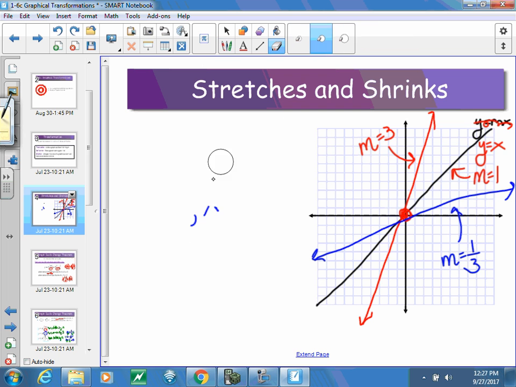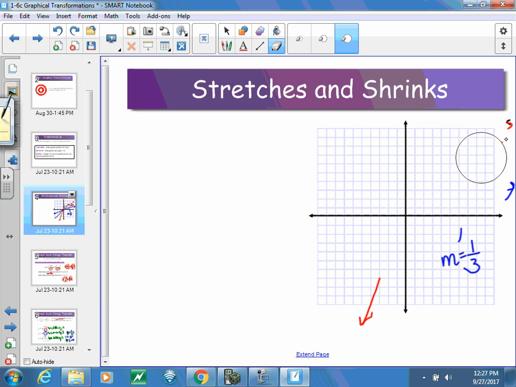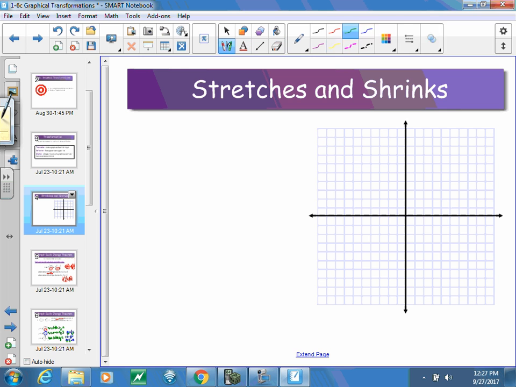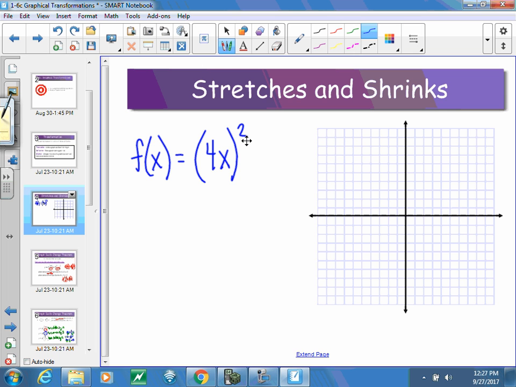So I'm going to take a quick look at a couple examples for different functions. Let's take f of x is equal to 4x squared. What we have going on here is something dealing with the inside change of the 4x. My parent function, I'm just going to draw that one in black. We'll say that's our parent, and we're just going to sketch out what this new function is going to look like. This 4 here is greater than 1. However, it's not in the form of x over c.